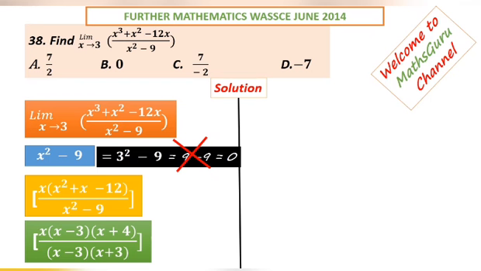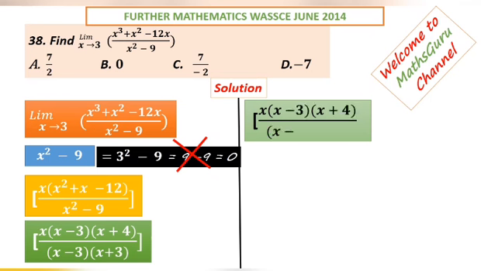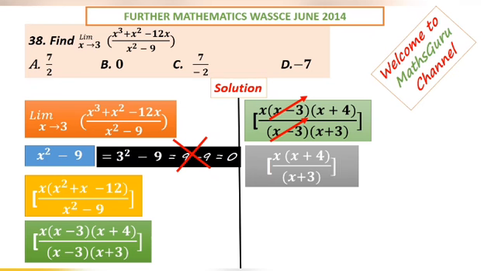Now we notice that there are expressions we have at the numerator which also appear in the denominator. We have x minus 3 at the numerator and x minus 3 at the denominator. So we can simply strike them off, to be left with x into x plus 4 over x plus 3.